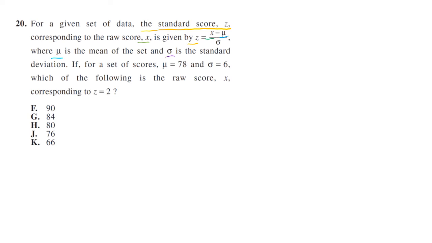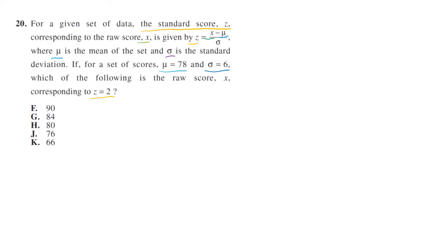If for a set of scores U is 78 and squiggly O is 6, what is a raw score X corresponding to Z equals 2? It's embarrassing that I can't remember what these are called.